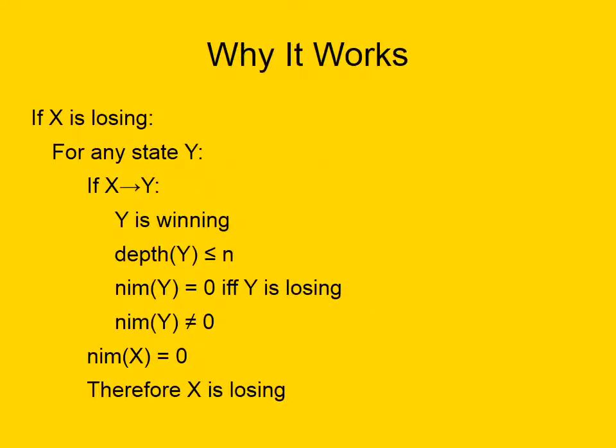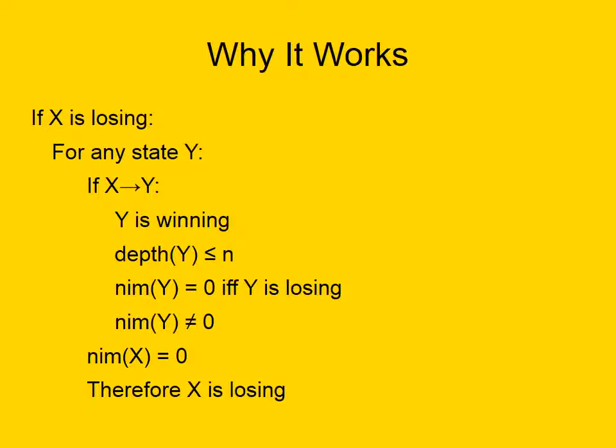If x is losing, for any state y, if y is a possible next state of x, y is winning by definition of a losing state. The depth of y is less than or equal to n. Nim(y) is equal to 0 if and only if y is losing. Therefore, nim(y) is not equal to 0. Therefore, nim(x) is equal to 0.